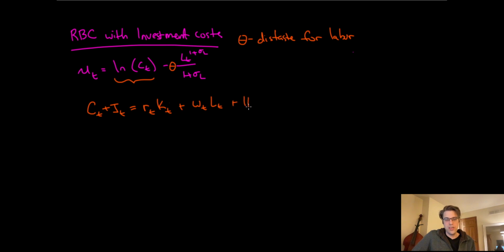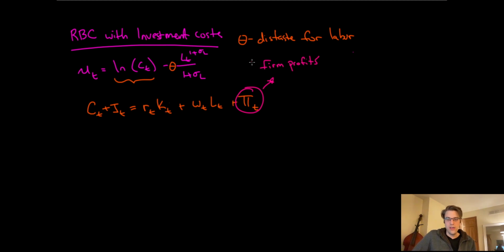And they'll also receive the profits of the firm. This is a term I drop sometimes, the firm profits here. It's quite sloppy that I drop this. I do it because it does not appear in any first order conditions. But you should include it for completeness.